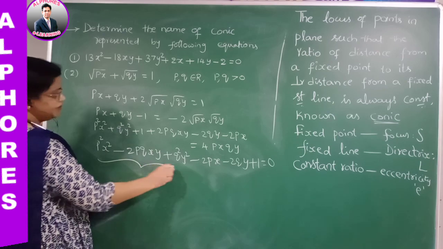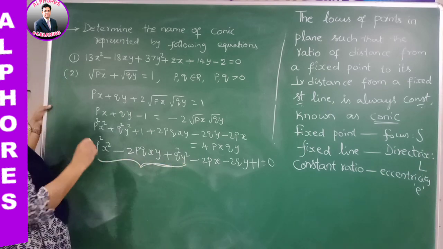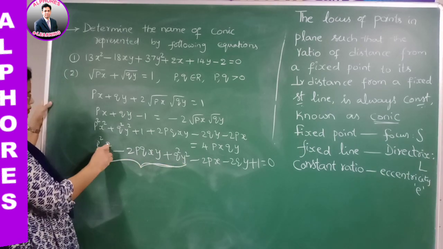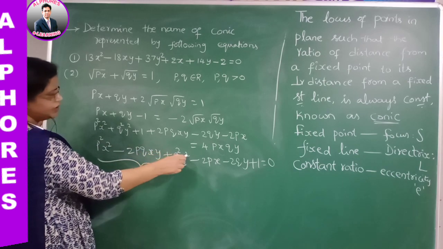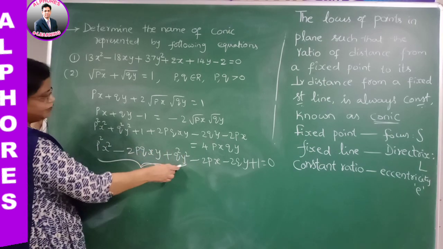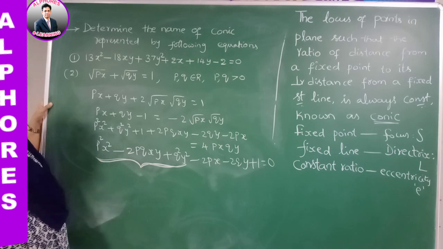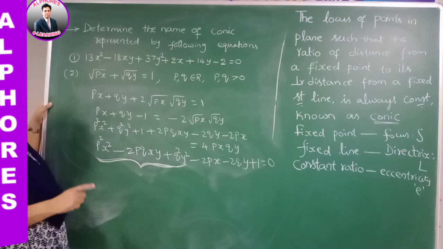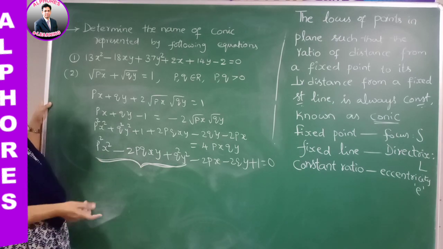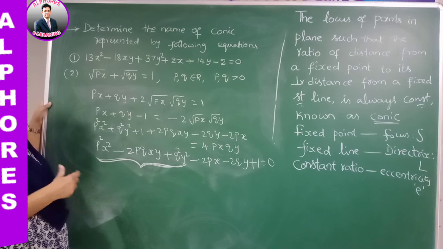Understand? Whenever, students, you come across the first 3 terms, that is the homogeneous part, second degree, and the homogeneous part is a perfect square, then clearly the total equation can represent either a parabola or parallel lines.